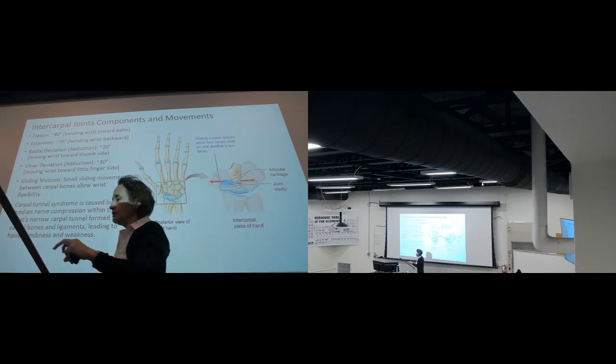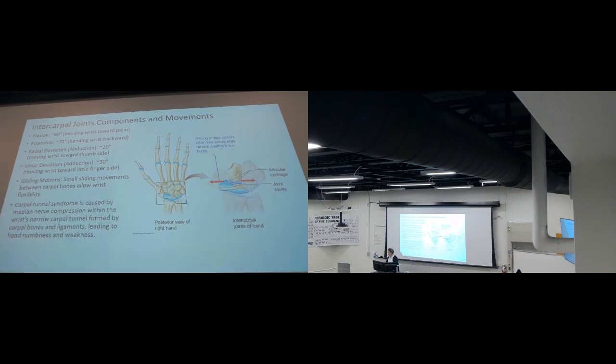When someone types a lot, these ligaments that we have here can be worn out and the tendons can be inflamed. That can cause compression of the median nerve. And this is known as carpal tunnel syndrome. When you have compression of these nerves, you will have numbness and you have pain and weakness.